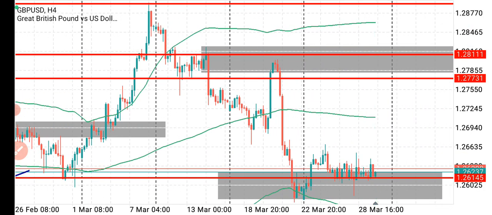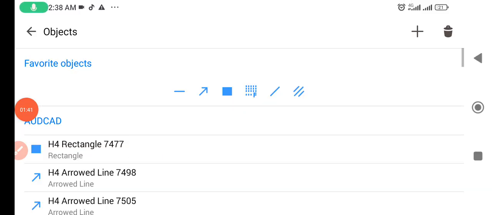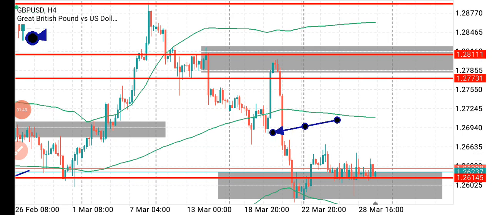After marking that out, which is what we have marked out already, we need to know the rules. What are the criteria or guidelines for making our entry? Remember, we stated previously that whenever a support is broken, it becomes a resistance.